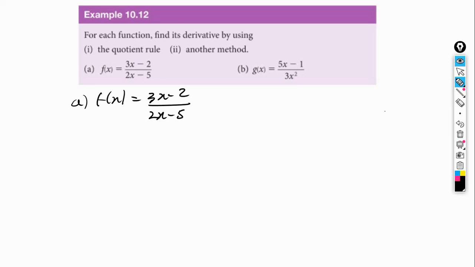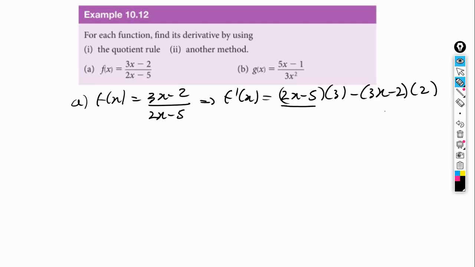So that implies that the derivative of f of x is going to be (2x minus 5) times 3 minus (3x minus 2) times 2, over (2x minus 5) squared.